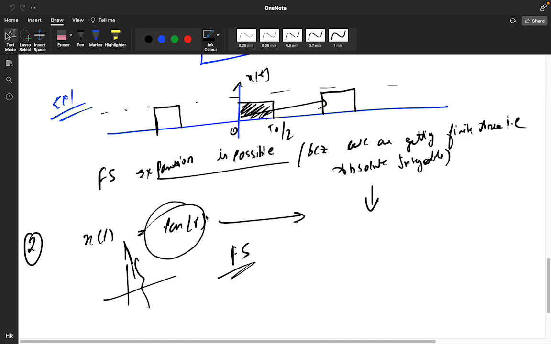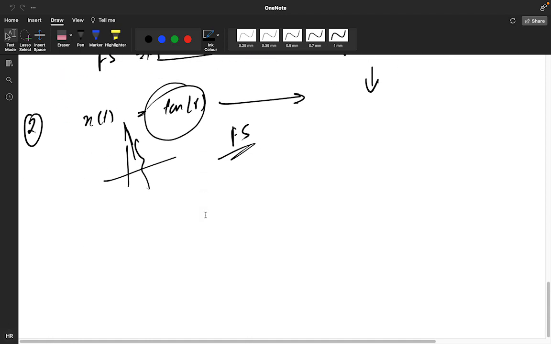The Dirichlet conditions are sufficient but not necessary. What is the meaning?